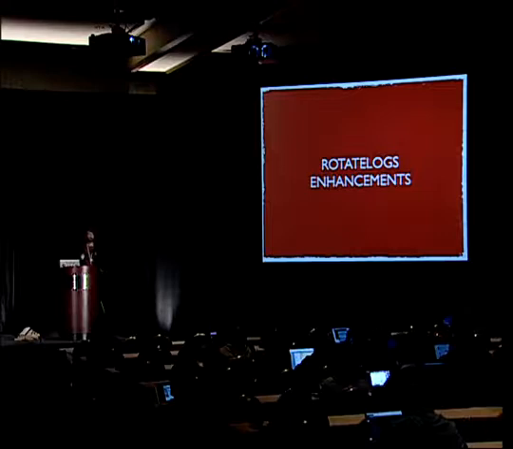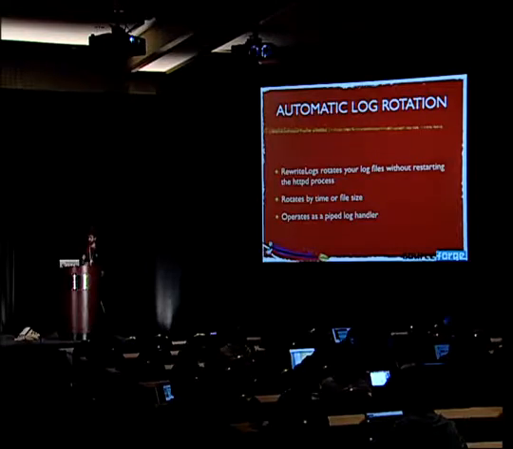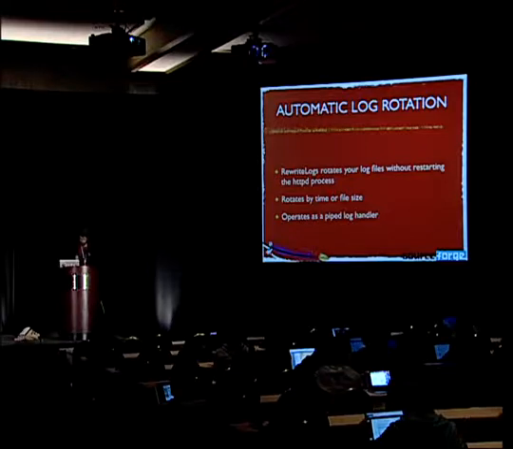And sometimes that's not acceptable if the restart time is too much. So we provide this rotatelogs utility that handles that for you as a piped log process. It can rotate your log files based on time or based on file size.